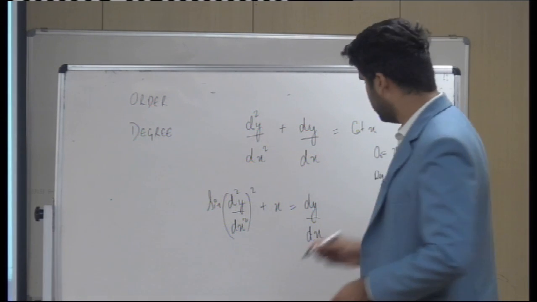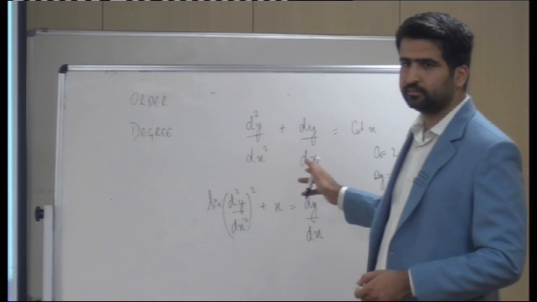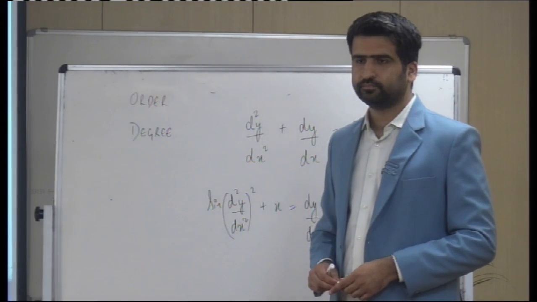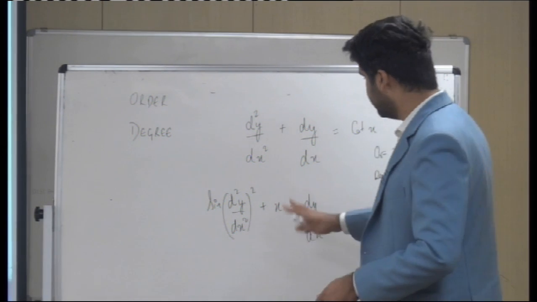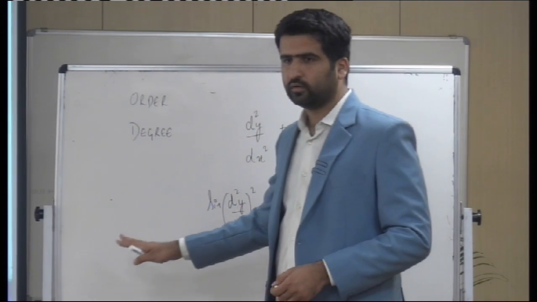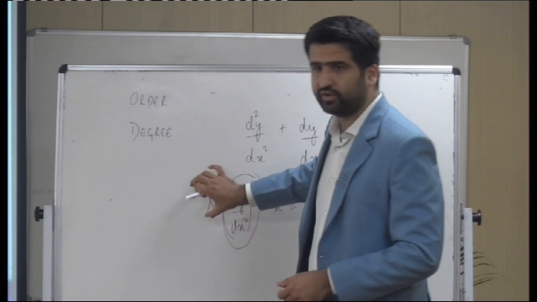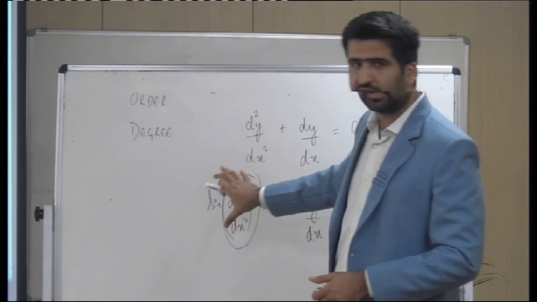Degree is 1 because the power of dy by dx is 1. No. So what is the degree? So degree in this case is not defined, right? Because this higher order derivative is coming under this function, the sine function. So this is a composite function, right?